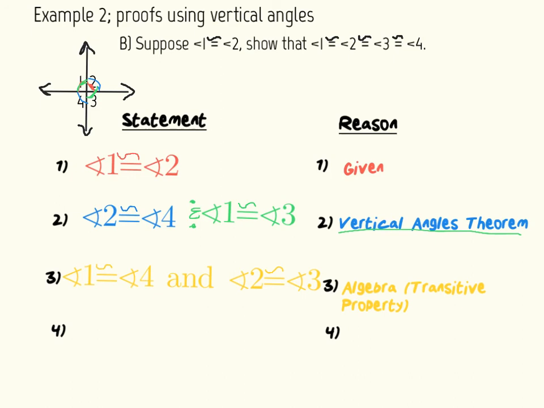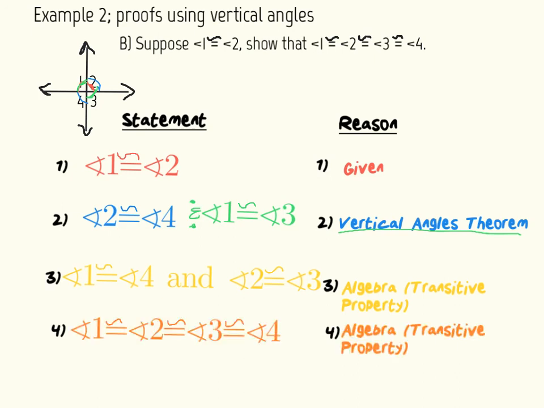So finally, if we put all those things together, angle 1 is congruent to angle 2, which is congruent to angle 3, which is also congruent to angle 4, and that's also by algebra. That is your final answer, and your proof is done.